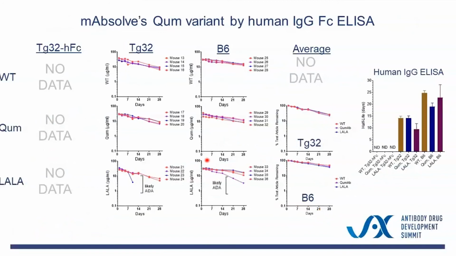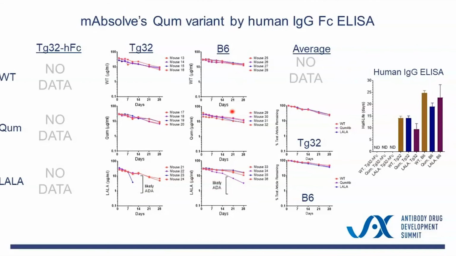So the human IgG ELISA, again, no data from the TG32 HFC, but TG32 yielded good plasma concentration time curves, both for the wild type as well as the QUM, and the LALA indicated that there was some ADA present because the curves showed accelerated clearance, likely due to antibody complex formation.